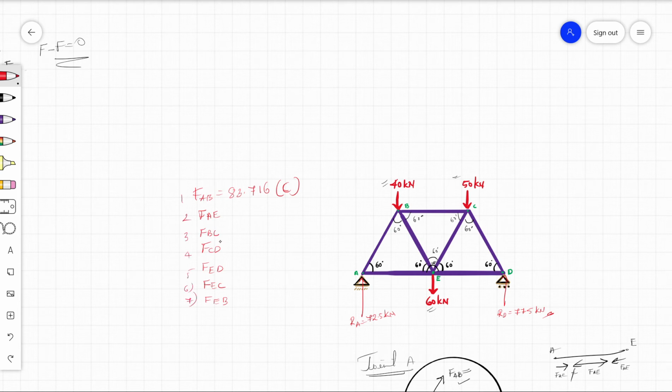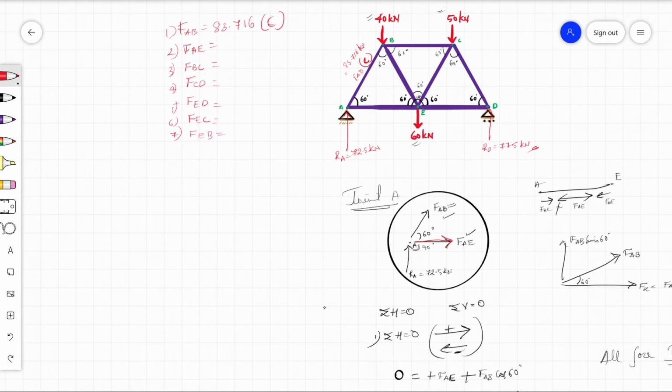As 7 members are there, we have to find 7 forces, and we have to tell whether each is in compression or in tension. So we found that the value of FAB is 83.716 kilonewton, and this member is in compression. That is what we found.